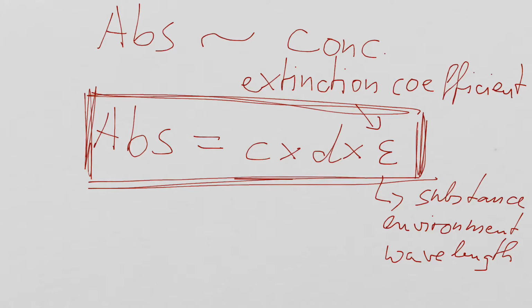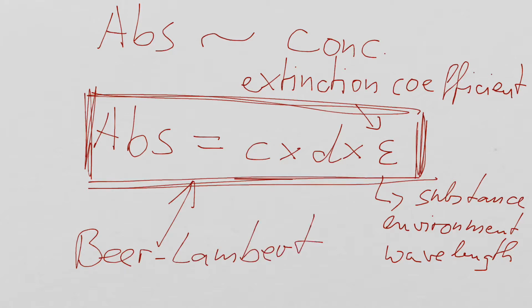This equation here, this is called the Beer-Lambert law. And this is going to stay with you for the rest of your degree. So you better learn it now. It's not terribly challenging, I'd say.